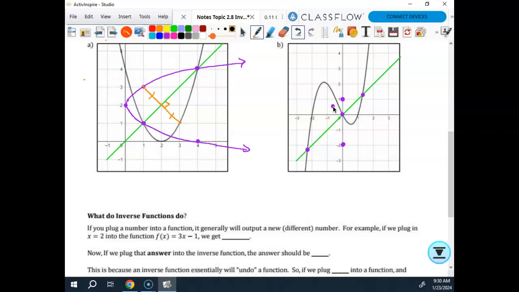For this one, my relative maximum, it may be negative 1.2, 2.1-ish. Good little guess there. So negative 1.2, 2.1 would be 2.1, negative 1.2, so maybe somewhere right about there.